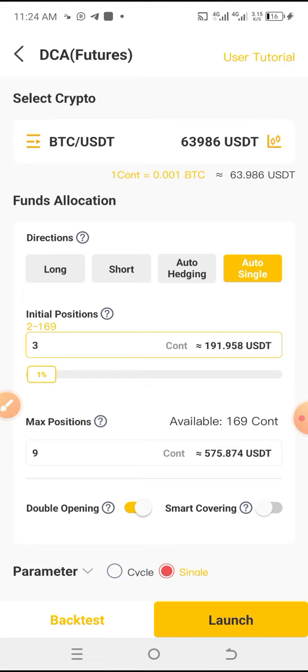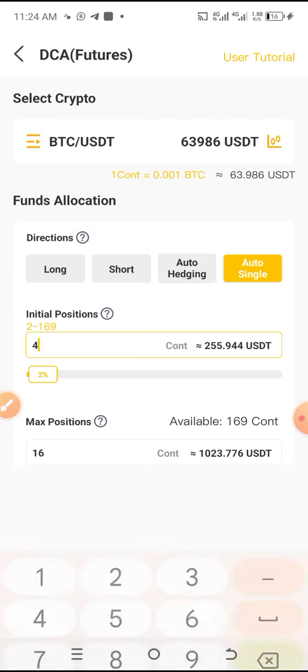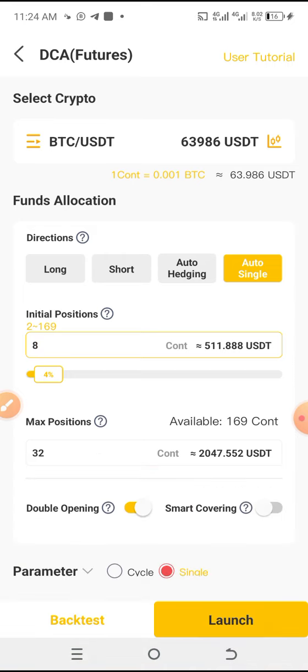That is why it's showing that yellow. I don't know why it's showing the error. Oh, sorry, the error pertains to the amount I'm having to trade with.